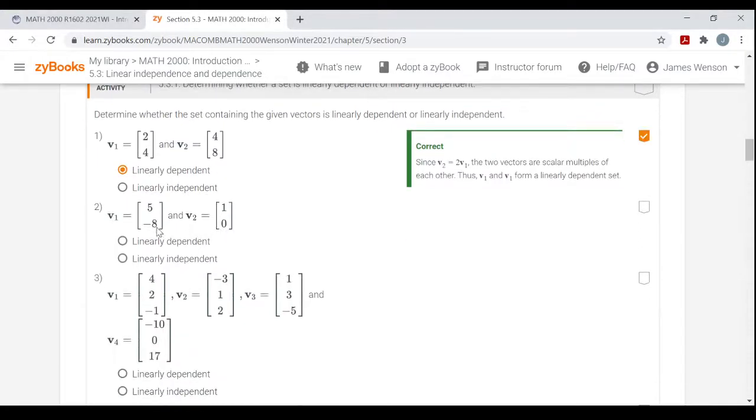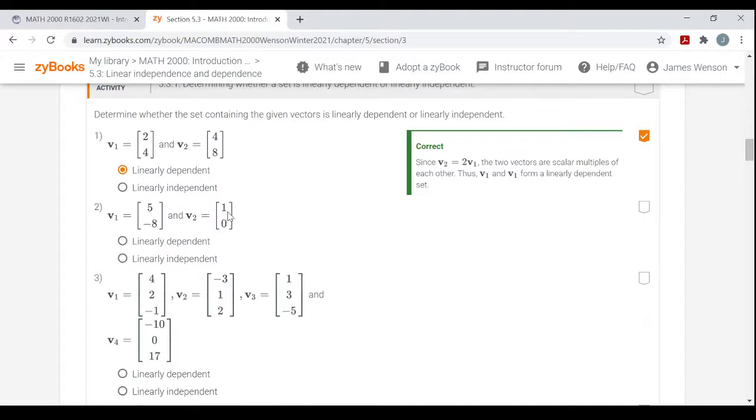Now this one has 2 vectors. If there are only 2 vectors, it's a really easy check to see if they're independent or dependent. Is negative 5, 8 a scalar multiple of 1, 0, or vice versa?